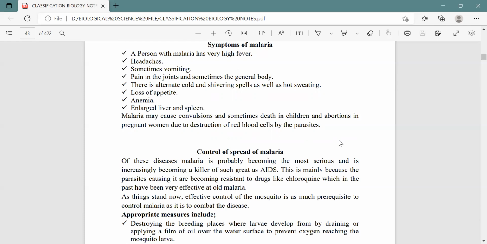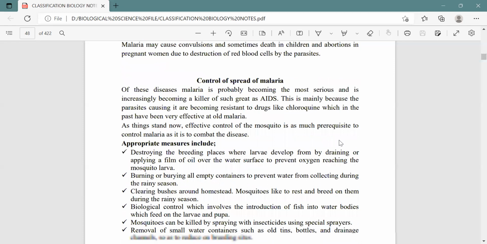You can treat malaria, but you can also prevent being bitten by mosquitoes, like sleeping in mosquito nets, and you can also do other control measures.